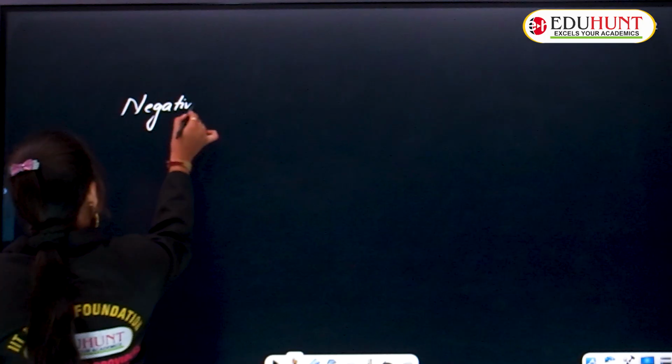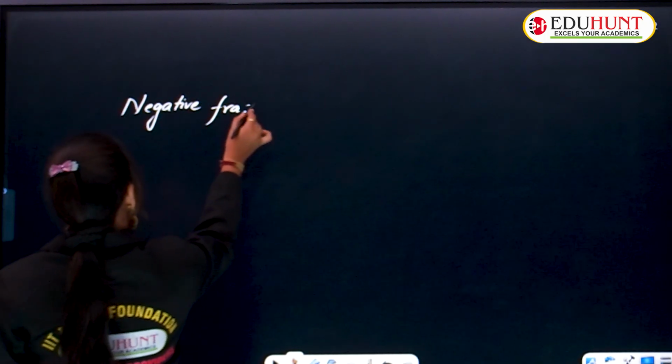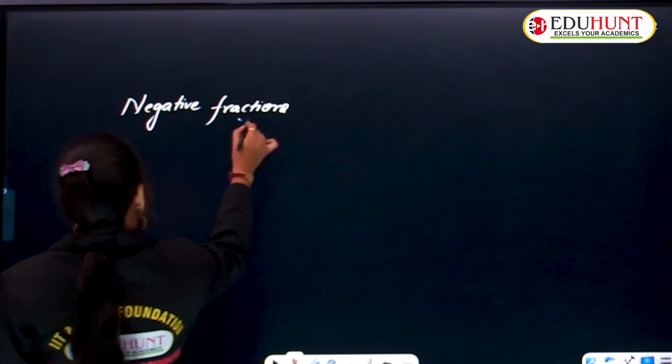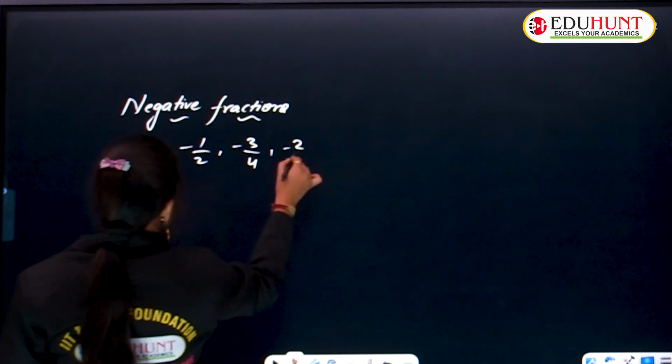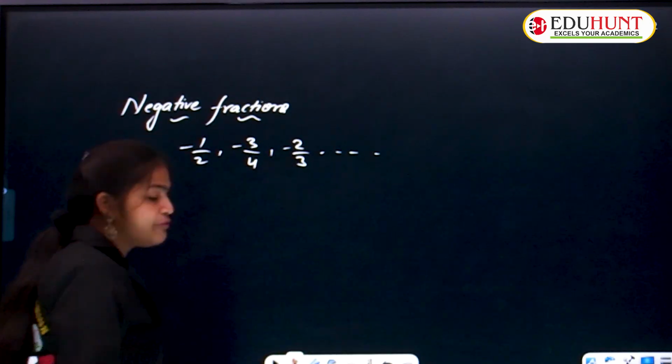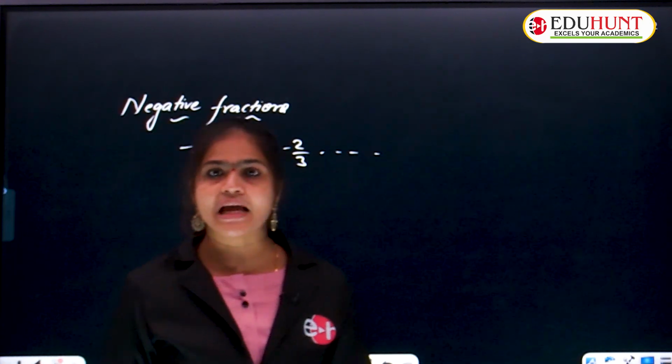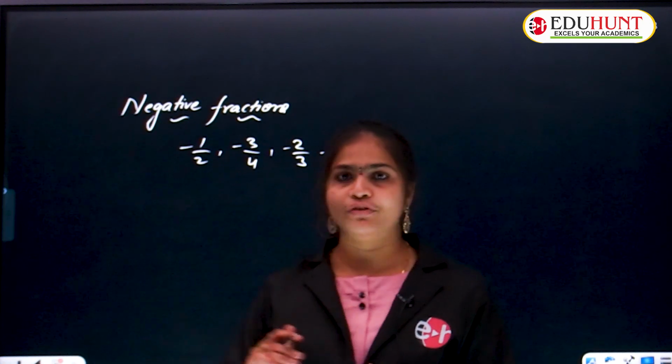Negative fractions means what can we write? Minus 1 by 2, minus 3 by 4, minus 2 by 3 and so on. Here the fractions have a negative sign, so we will call them negative fractions.